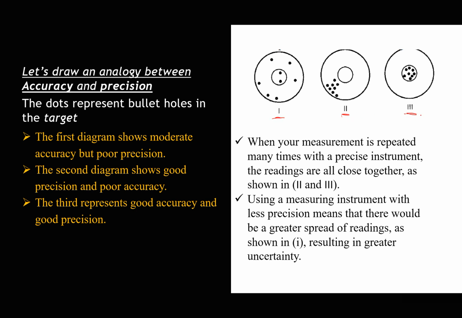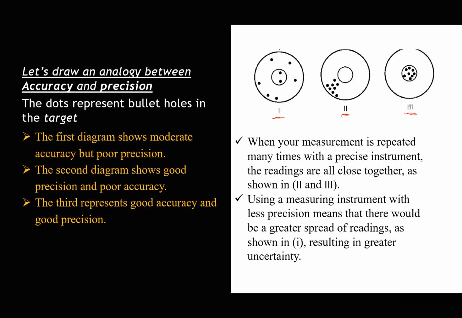Let's say 3 people are playing darts, or let's use shooting bullets. In the target, for the first person, we have two bullets in the target. For the second person, there is no bullet in the target. For the third person, all bullets are in the target.